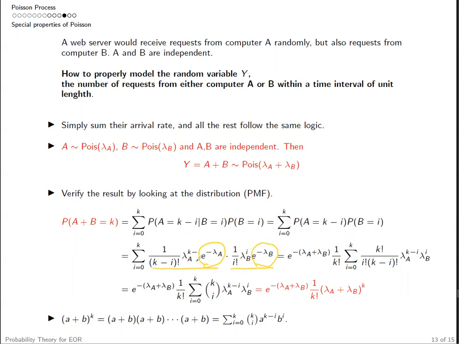We multiply by k factorial and divide by k factorial, so the number remains the same. What's left is lambda A to the power k minus i and lambda B to the power i. So this is the result we have here. Take a look at this ratio. This is essentially the definition of the binomial coefficient.